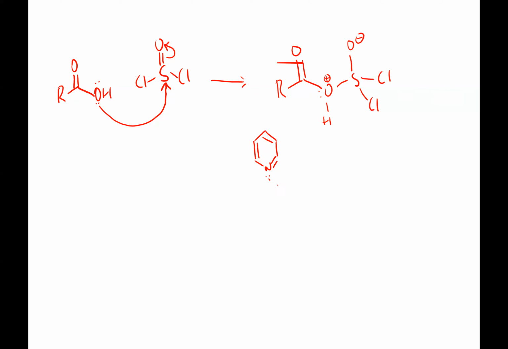At this stage, the pyridine could act as a base and remove that proton. So from now on, if pyridine is added, we're going to deprotonate before anything else happens because it's present as a base. And it really does help this reaction work a lot more efficiently when you use pyridine in the presence of the thionyl chloride.